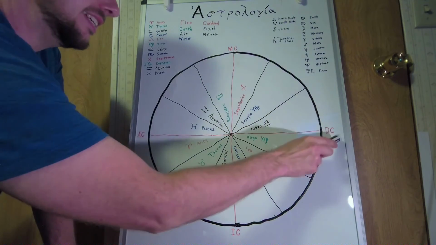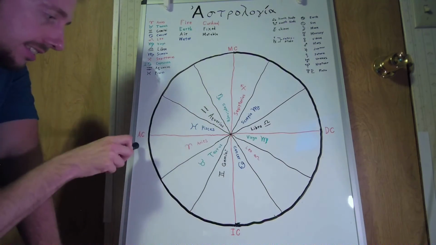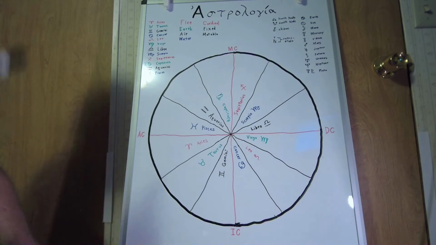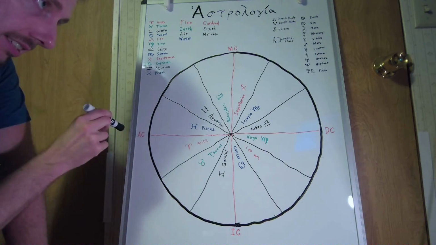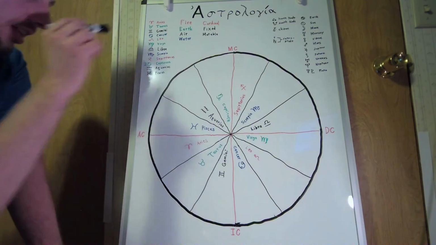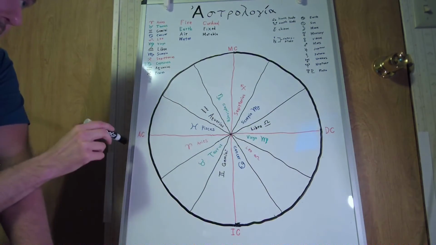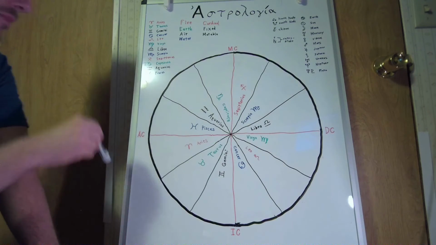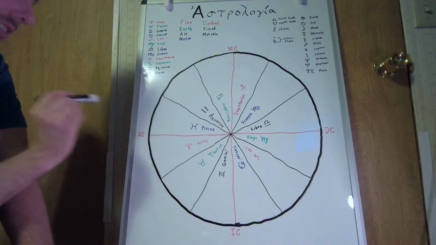The DC or descendant and AC or ascendant. Because we also need to go over the ascendant. So, the descendant is the western horizon. The ascendant is the eastern horizon. So things go down in the west on the descendant, they come up in the east on the ascendant.